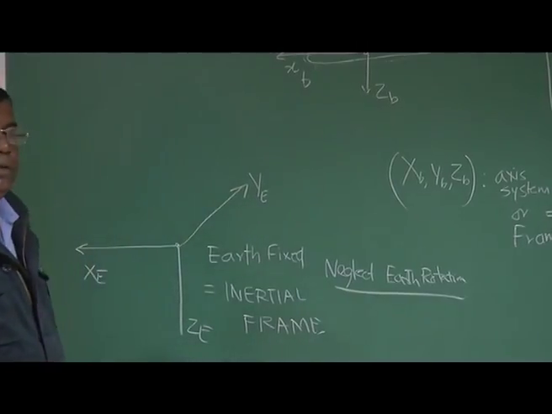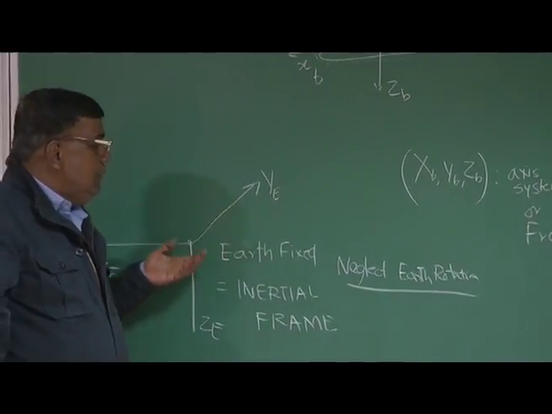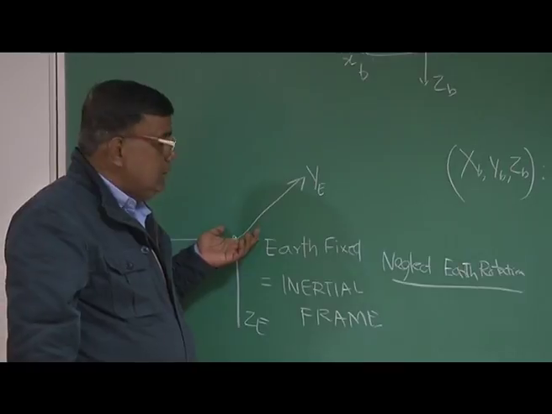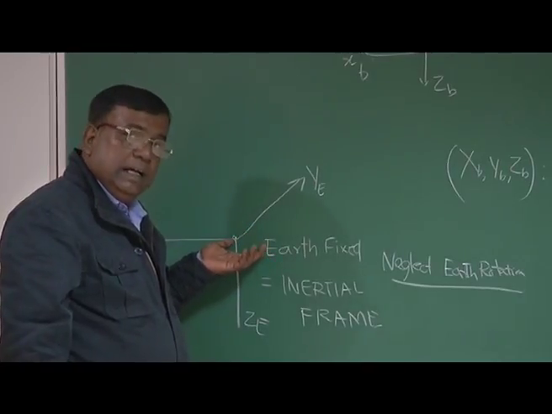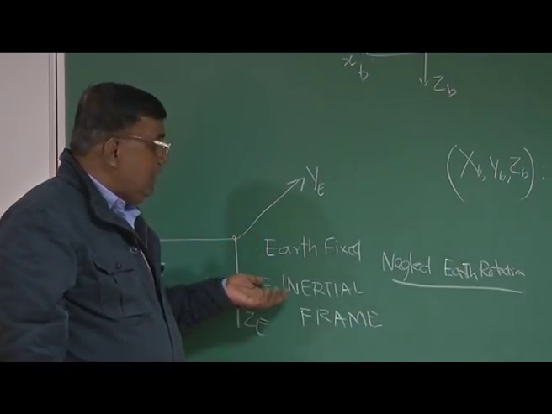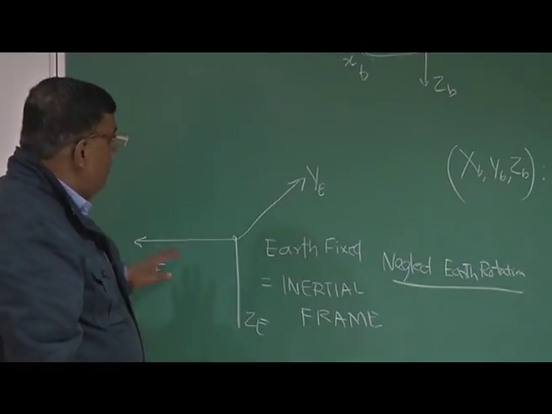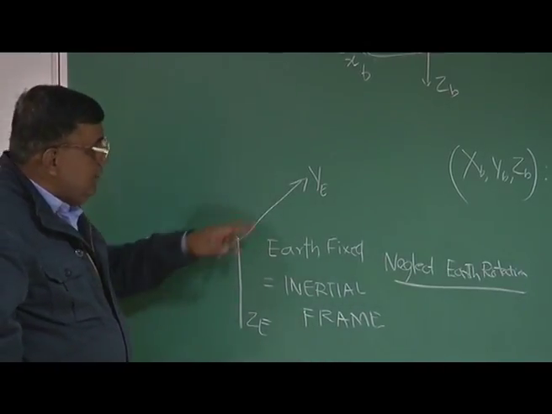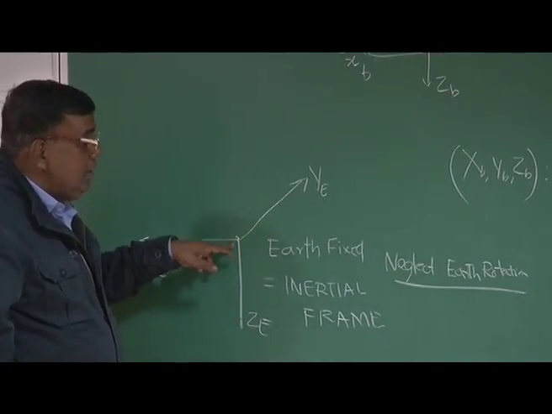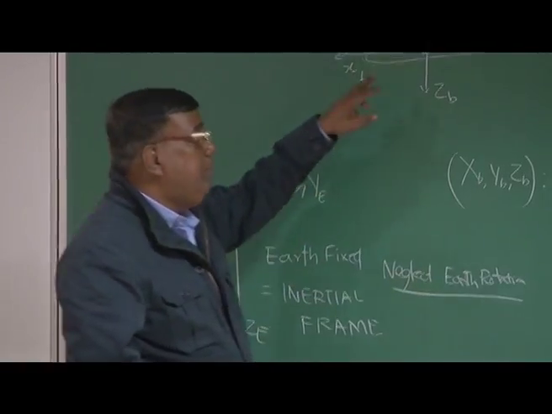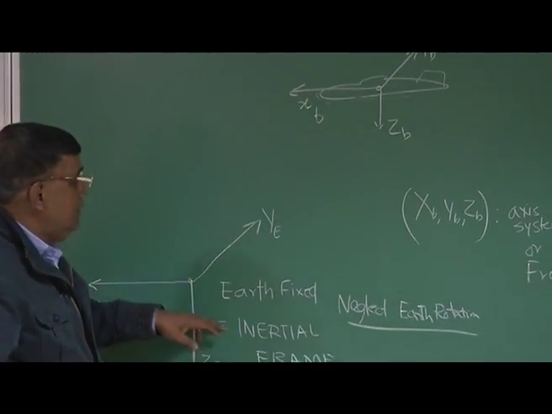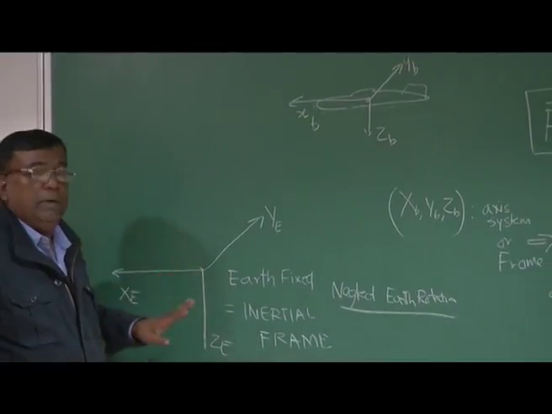The moment you put this assumption, this becomes, for all our purpose, for aircraft performance, an inertial frame. That is why we have fixed x, y, z axes on Earth. That's why Earth fixed, this was body fixed, and this we are treating as an inertial frame of reference.